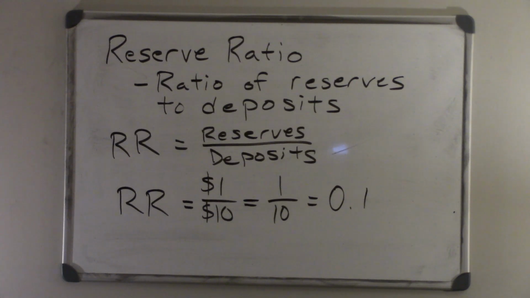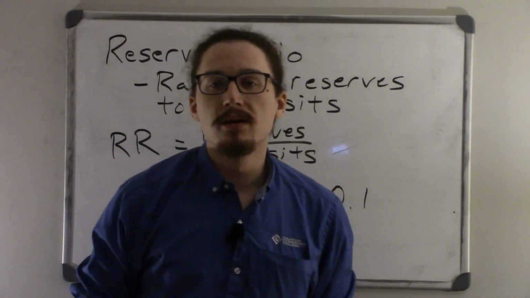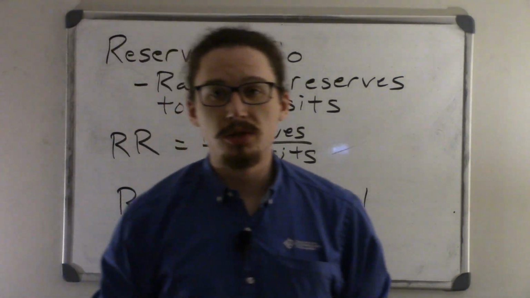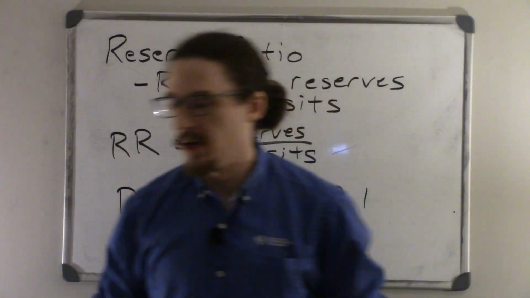We talked about how in the very first video the Federal Reserve has some kind of regulatory aspects to it, and this is one of them. The Fed sets a required minimum for the reserve ratio. Banks can reserve more than what they're told to, but they can't reserve less.